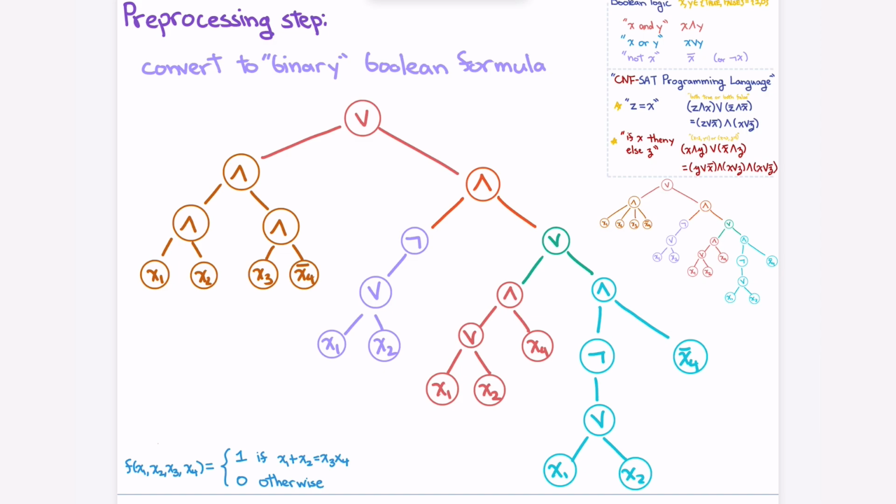So you start with n things at the bottom and you coalesce down to 1, and each of these binary nodes is reducing things by 1. There's n minus 1 internal nodes in a binary tree with n leaves. Now we also have some nots, so you could have a not in between every 2 nodes. You won't have 2 consecutive nots because 2 consecutive nots will cancel out. So you can maybe make it 3n or something. So in general, you're not increasing the number of total leaves, and the size of the tree is going to be roughly the number of leaves. So in that sense, the size hasn't changed that much.